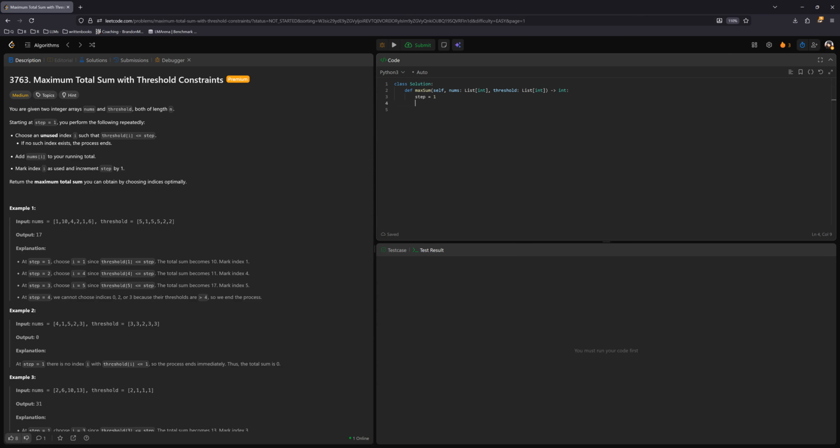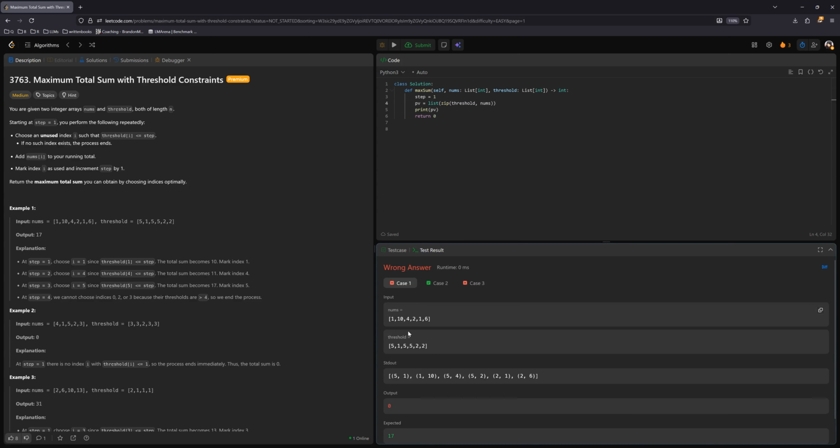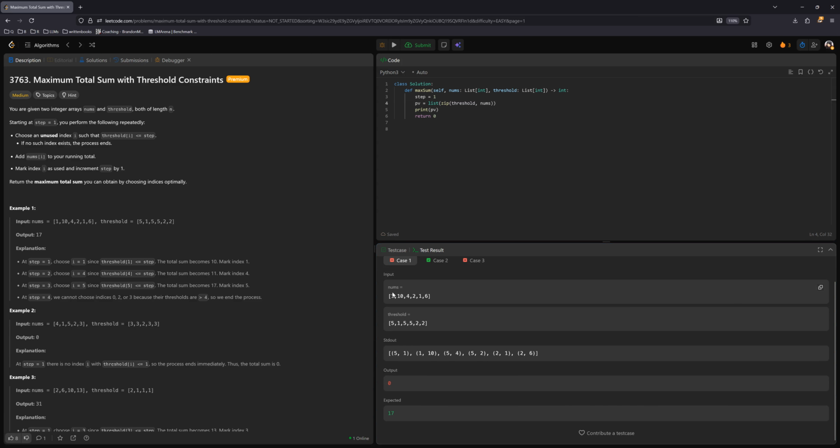We need to say paired values equals list of zip of threshold, nums, like that, right? Let's not have that long of a variable in print. PV, return 0. Okay. All right, so 5, 1, 1, 10.